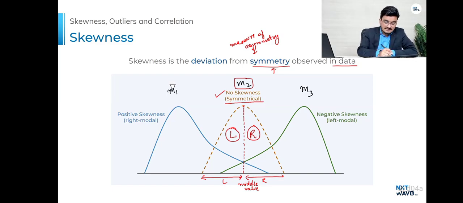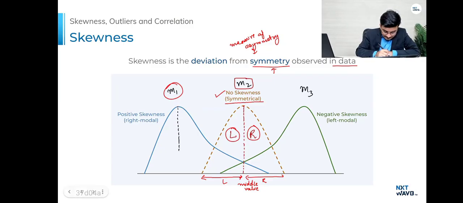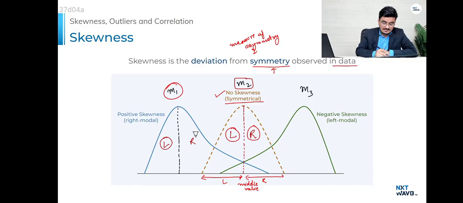Now let's see mountain 2. Let's say I drop the line from the top of this mountain as well. Now if I check the left side and the right side of this mountain, what can I see? I can see that the left side is comparatively smaller than the right side, right?